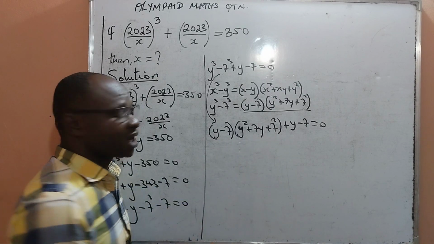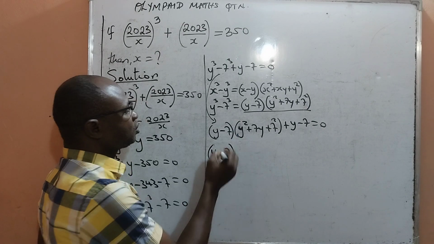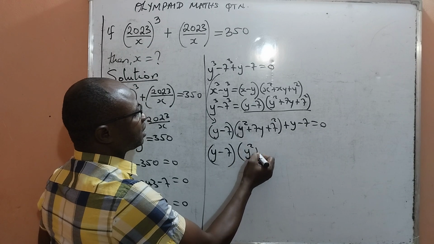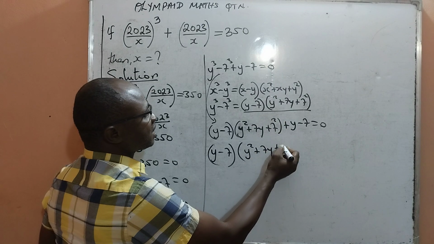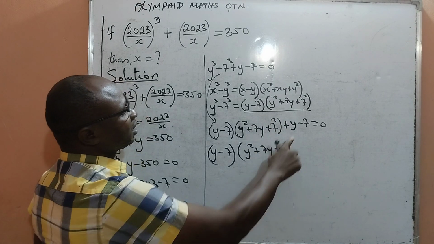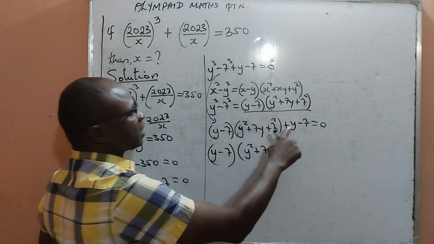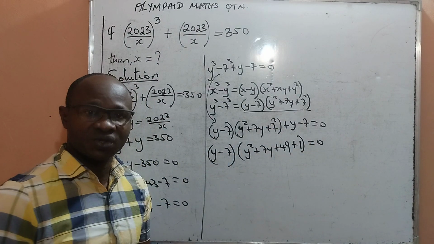So I can now factor it out to have y minus 7 into y^2 + 7y + 7^2, which is the same thing as 49. Then, having factored y minus 7 outside, I will still have plus 1. Then everything here is equal to 0.